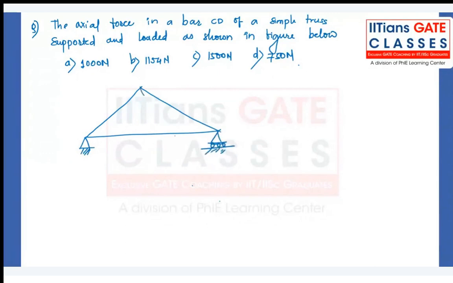There is a 30° angle, a 60° angle, a 30° angle, and we have joints A, B, and C, and a loading of around Newton here. So I'll repeat the question. Listen carefully. You are supposed to calculate the axial force in the member CD.